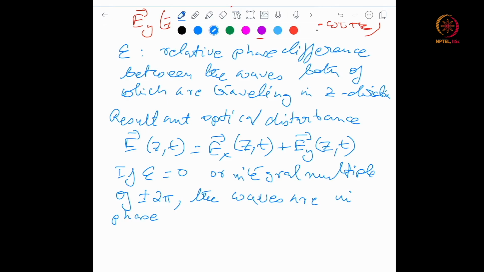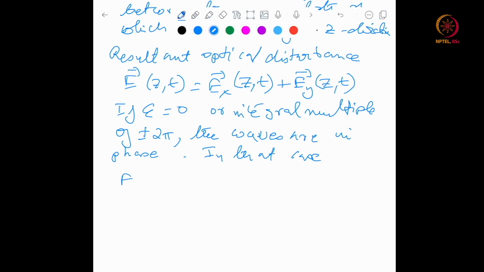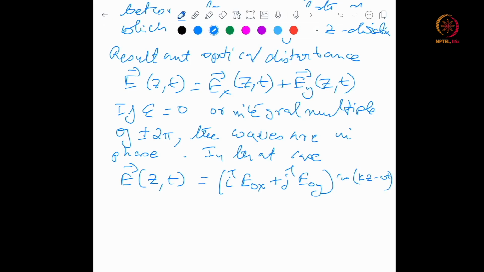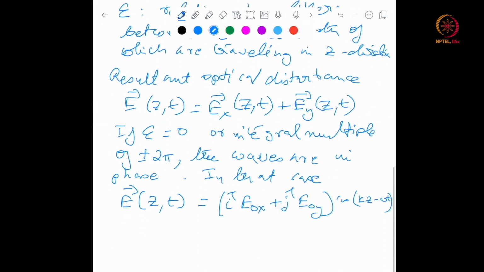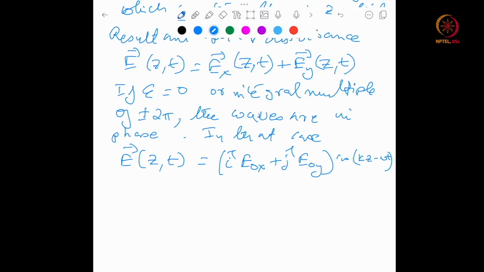In that case, E(z,t) equals i E0x plus j E0y, times cos(kz - omega t). All right. In this particular case, this is what it becomes.